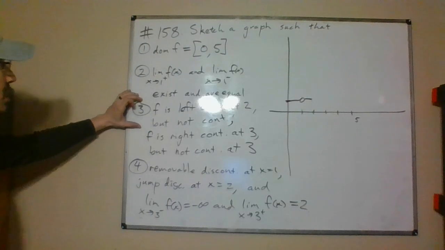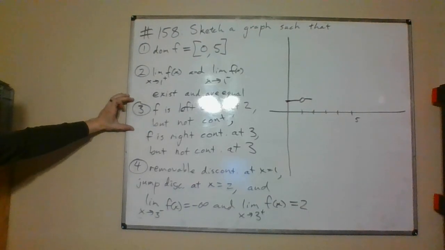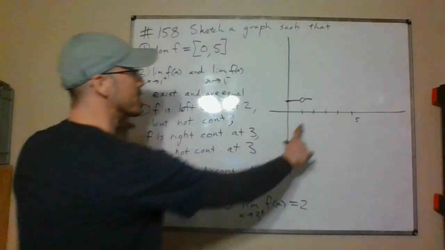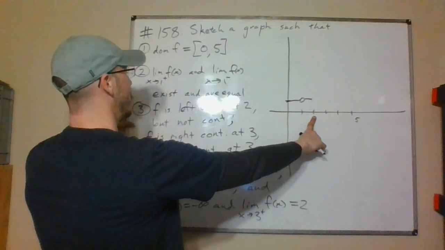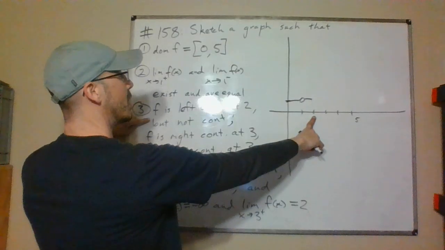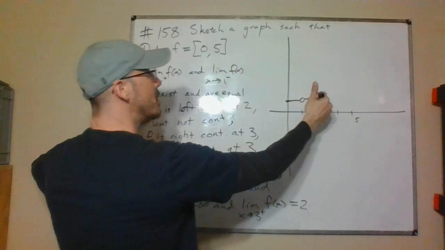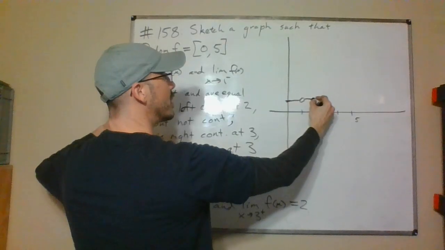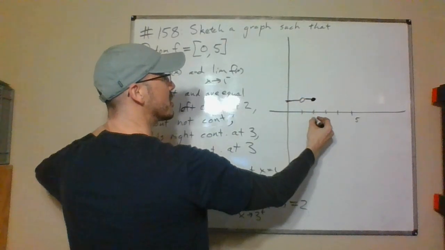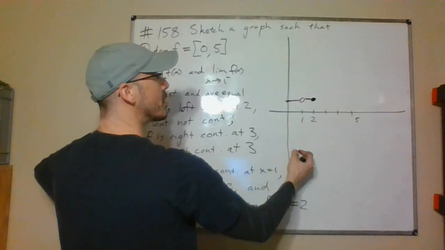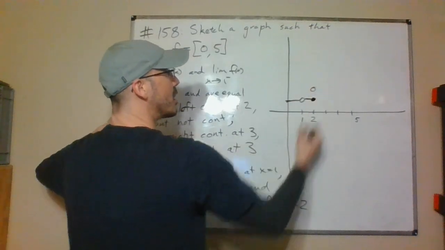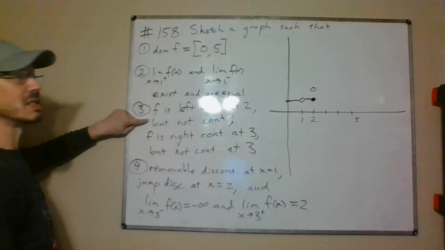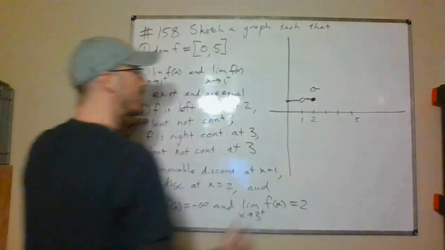Maybe not. Let's look at the next one. F is left continuous at 2 but not continuous at 2. So maybe it's right here coming into that point at 2 from the left, and then a jump so that it's not continuous at 2.